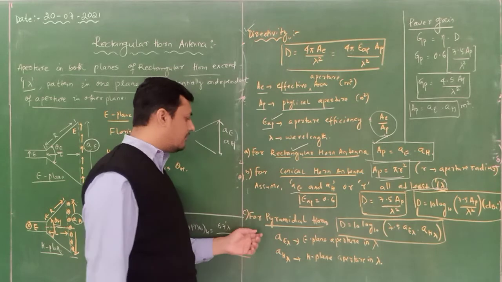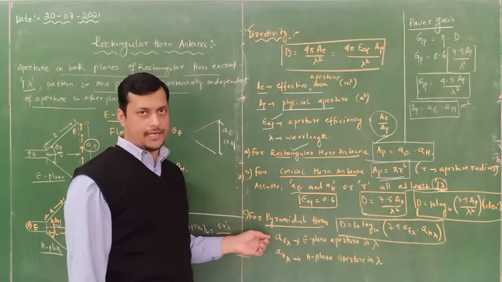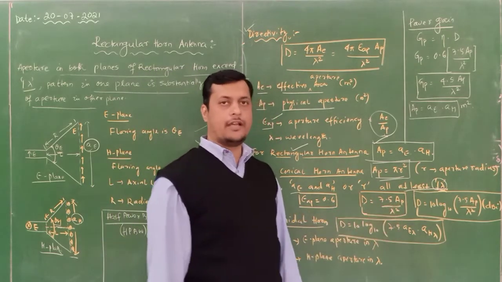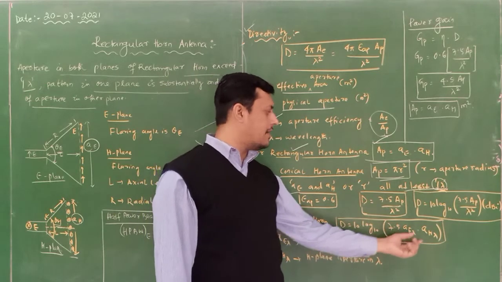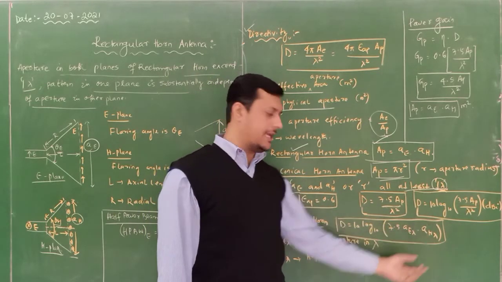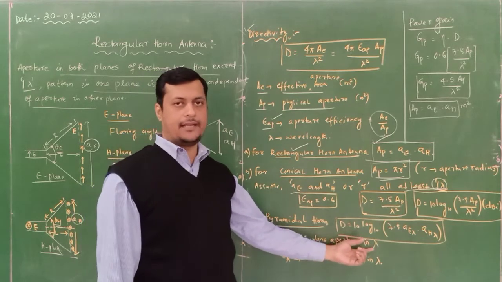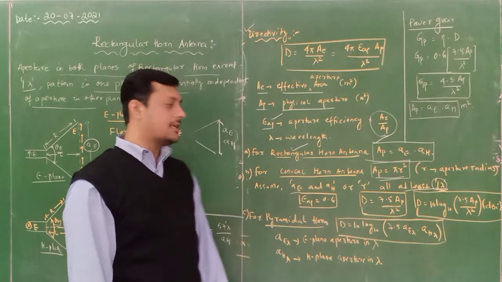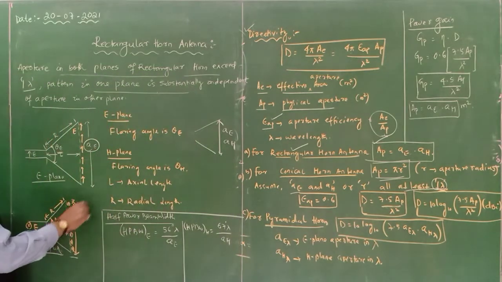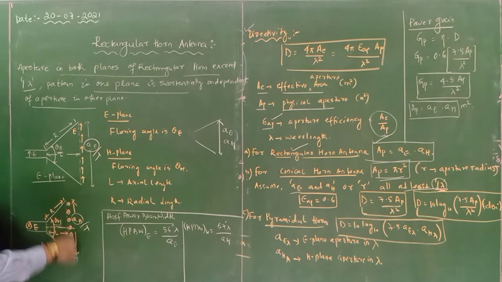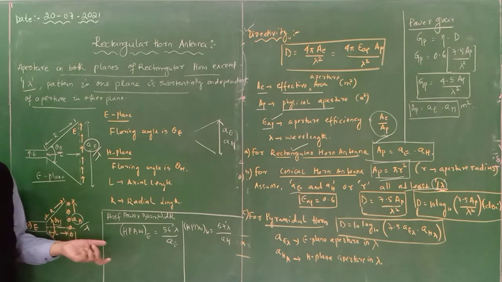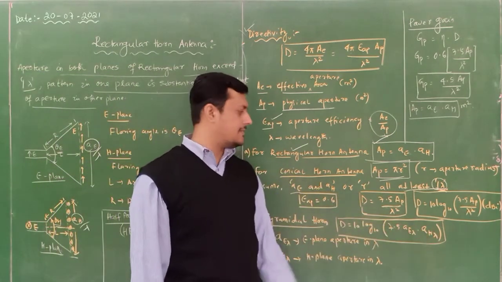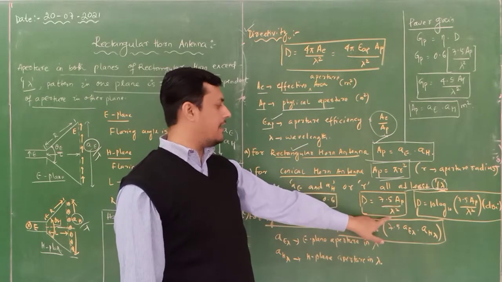So once this is known, you can go for the calculation of the pyramidal horn antenna. So what is the pyramidal horn antenna? In place of AP by lambda square, we can directly write AE lambda and AH lambda. What are AE and AH? AE lambda is the E plane aperture in terms of lambda, and AH lambda is the H plane aperture in terms of lambda. Whatever AE and AH you have got, you divide by lambda. So AE lambda is equal to AE divided by lambda, and AH lambda is AH divided by lambda. If you multiply AE lambda and AH lambda, it is the same as AP by lambda square.